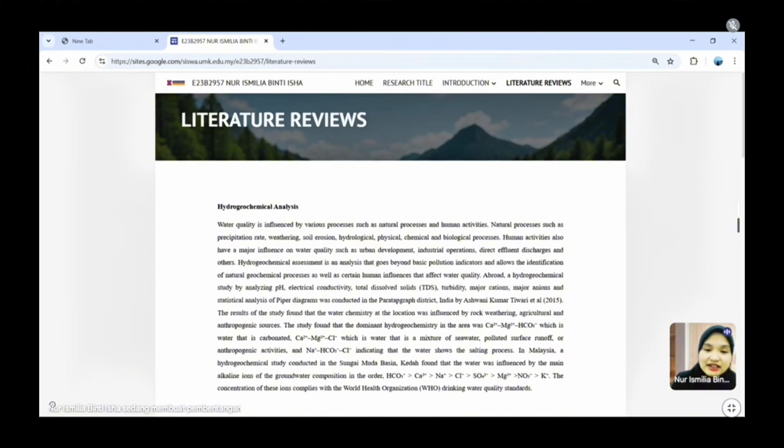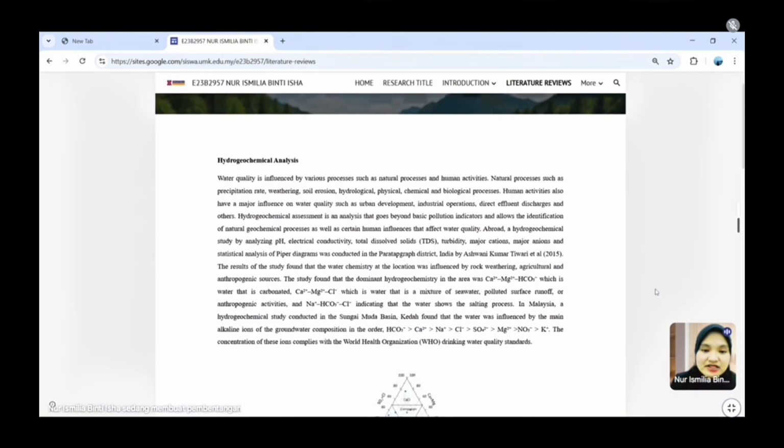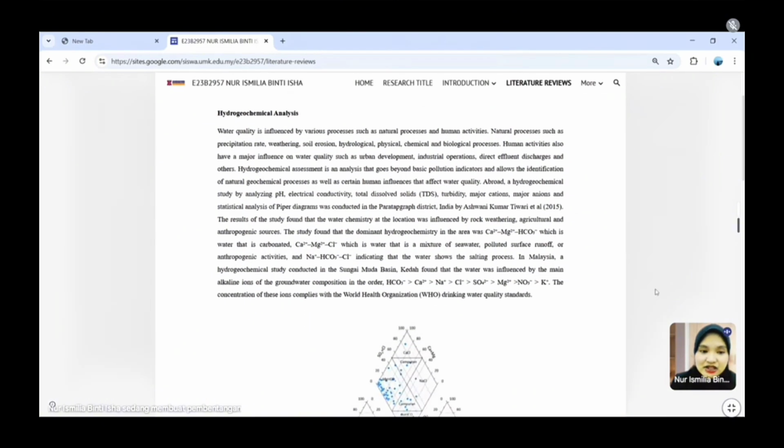Internationally, a study in India by Ashwani Kumari Tiwari et al. 2015 using hydrogeochemical analysis, including Piper diagrams, has shown that water chemistry is influenced by rock weathering and agriculture, also anthropogenic sources.